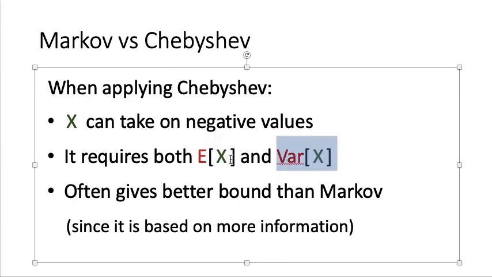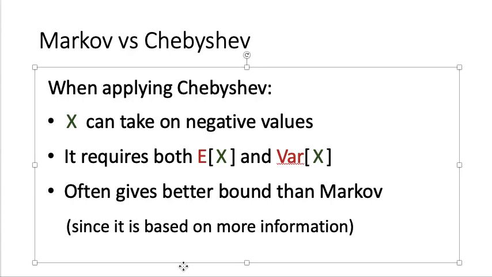Usually, Chebyshev's inequality will give a better bound than Markov inequality. For Markov, we just need the expected value of X, but for Chebyshev's inequality, we take both E[X] and the variance of X into consideration. So it is based on more information, and naturally it gives us a better bound.